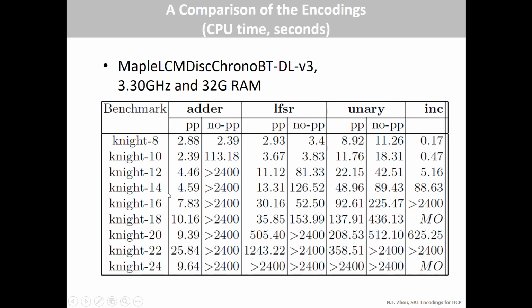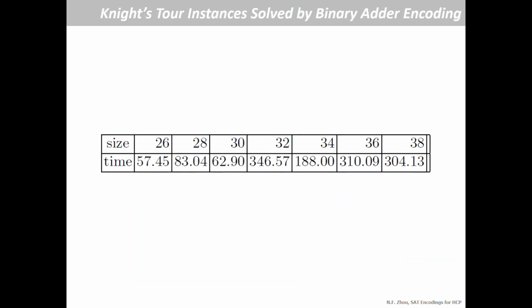It performed the best. For these instances, CP solvers perform really fast, and so does the ASP solver. This table shows some of the instances solved by the binary add encoding. These instances were beyond the reach of set solvers.